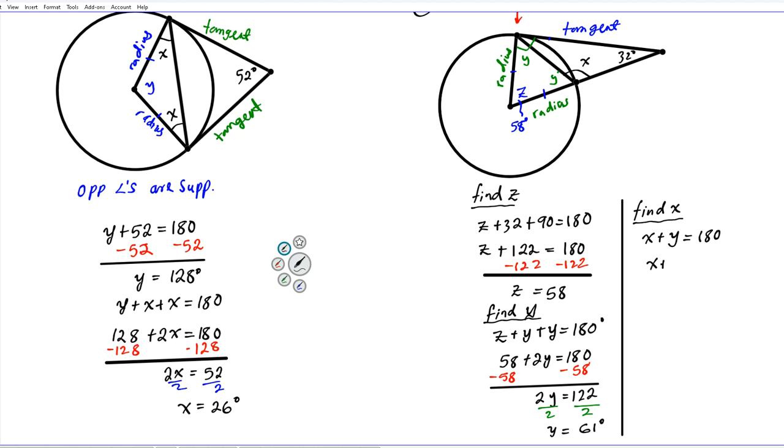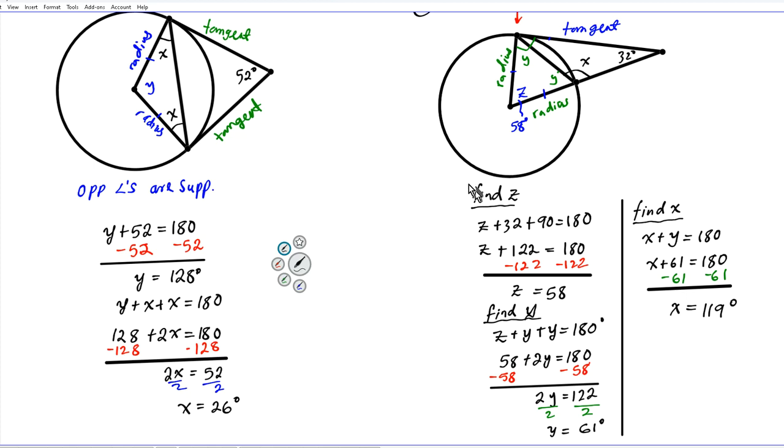We know what y is. y is 61, plus x is 180. And then we simply subtract 61 from both sides. That'll give us our final answer. x is equal to 180 minus 61, which is 119 degrees. So that's the measure of angle x.